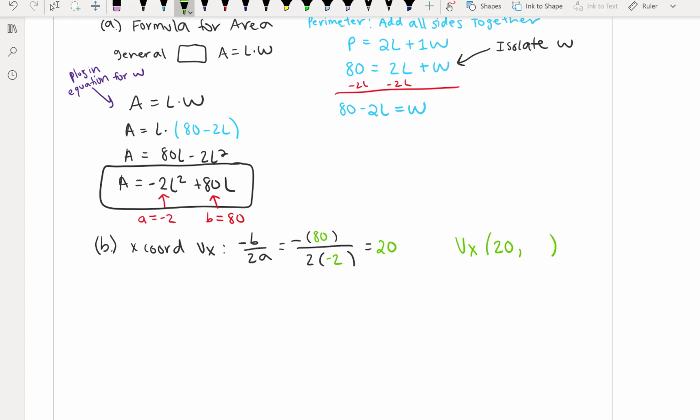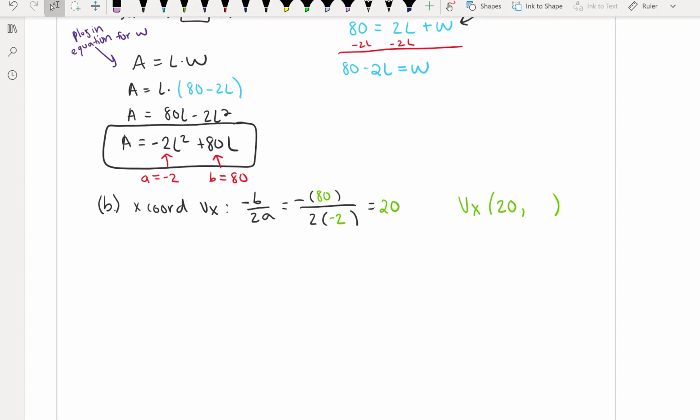Okay. Now I need to figure out the y-coordinate of the vertex. Remember, that's when I just plug it into my equation. So the y-coordinate of the vertex, plug what you just found, which is 20, into my original equation.